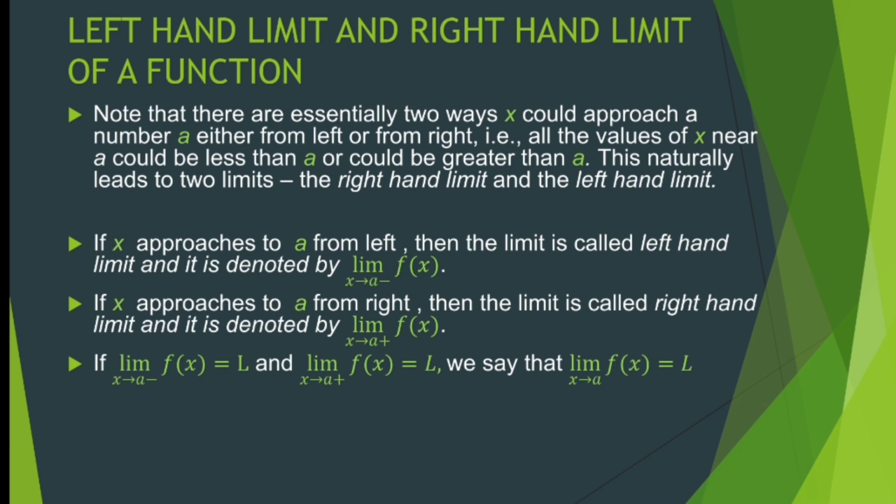If x approaches a from right, then the limit is called right hand limit and it is denoted by limit as x approaches a plus of f(x). If limit as x approaches a minus of f(x) equals L and limit as x approaches a plus of f(x) equals L also, then we say that limit as x approaches a of f(x) equals L.